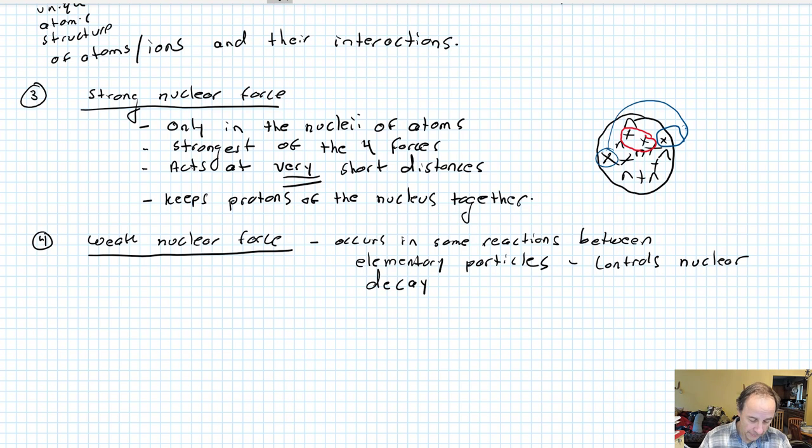It controls how a neutron can change to a proton plus an electron.